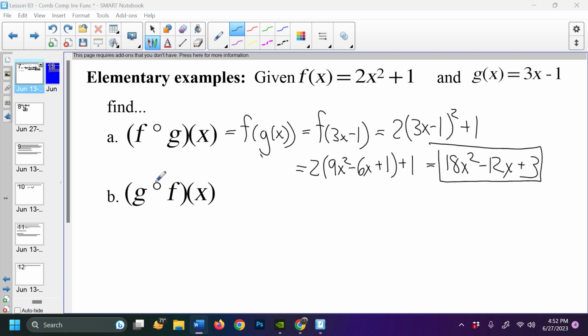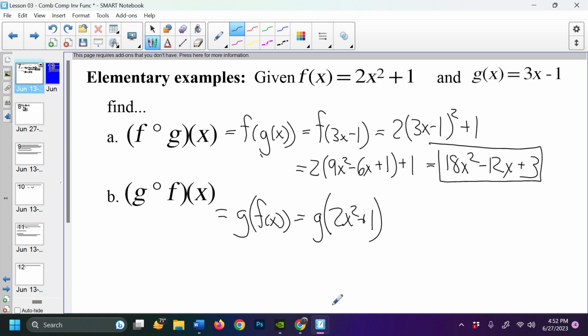The next one, g composed with f of x, will be: take the g function and plug the f function into it. And so the f function is 2x squared plus 1. And then the g function says 3 times whatever's inside those parentheses minus 1.